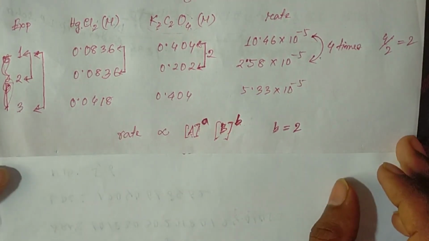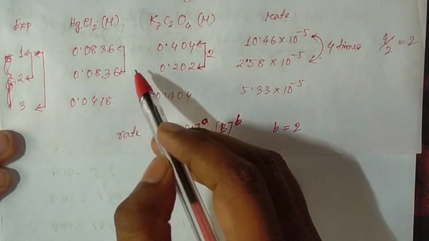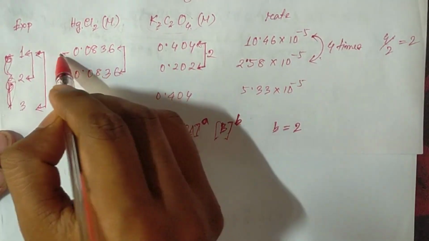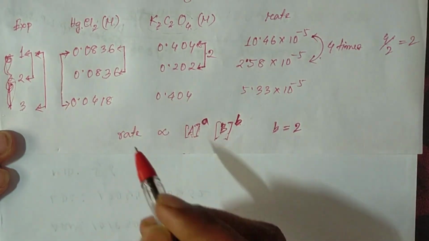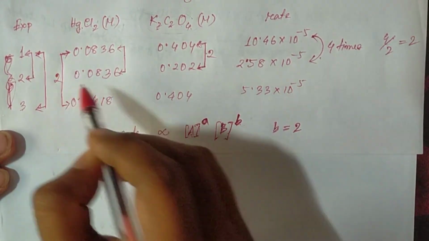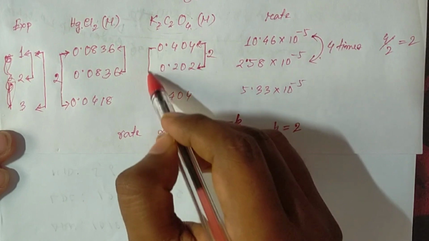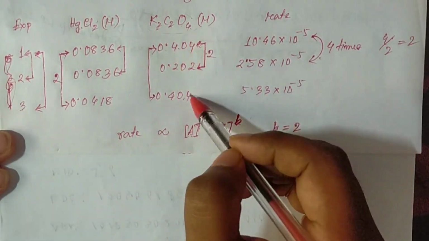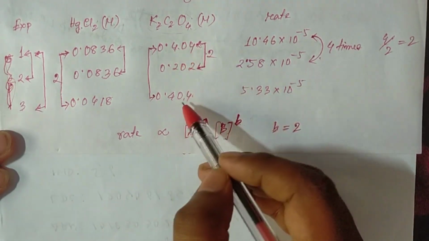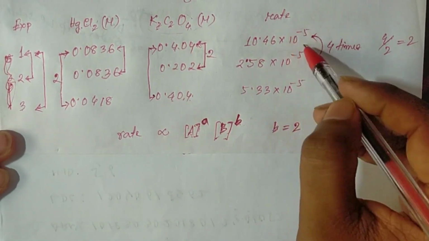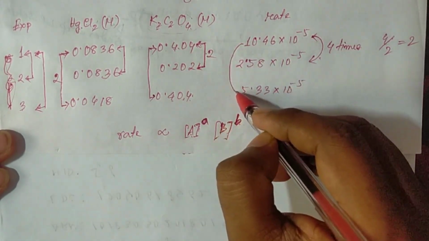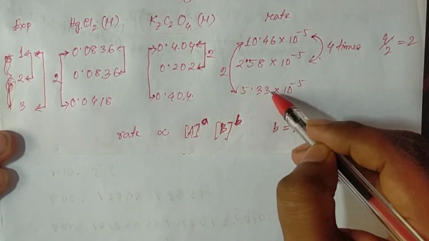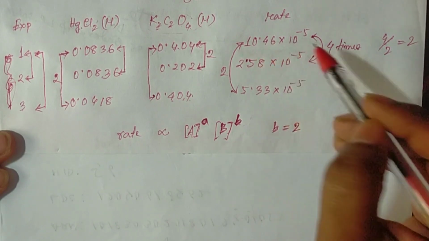When we compare 1 and 3, you can see that the concentration of HgCl2 is double and the concentration of K2C2O4 is the same, but the rate is almost 2 times, 5.33 and 10.46.